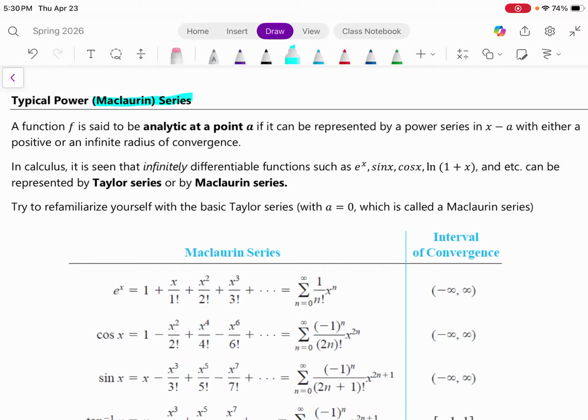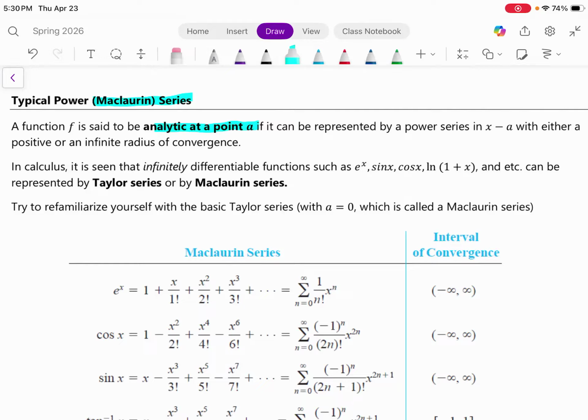Before that, let's define what analytic means. A function is said to be analytic at a point a. We'll be talking about analytic quite a bit in this chapter, but here's really our first instance if you haven't seen it before.